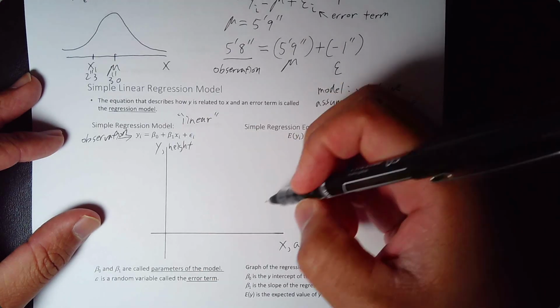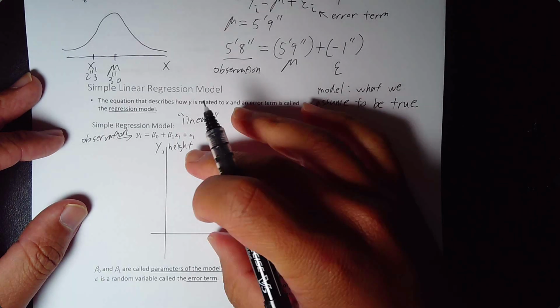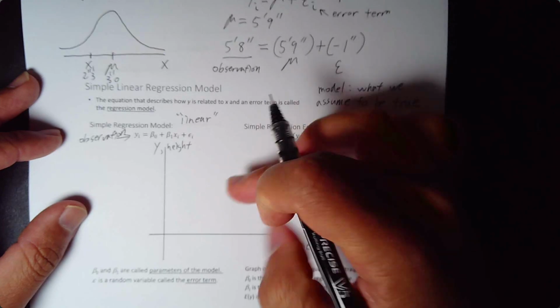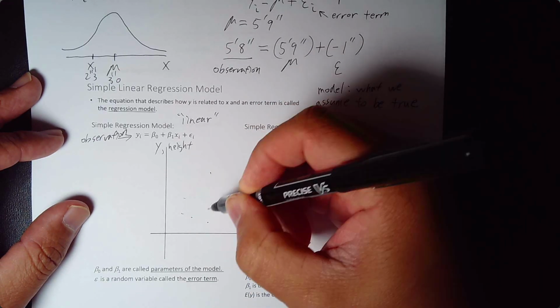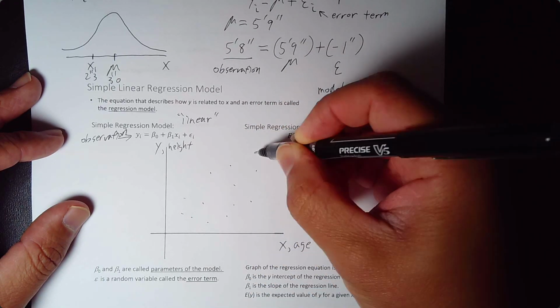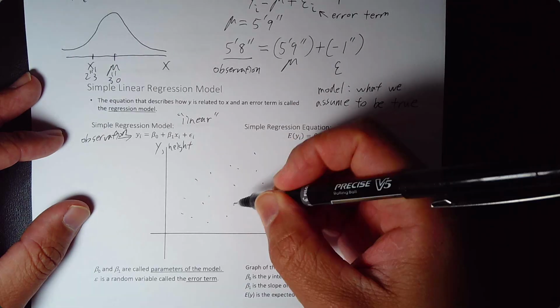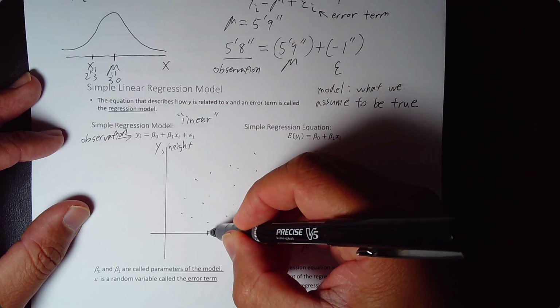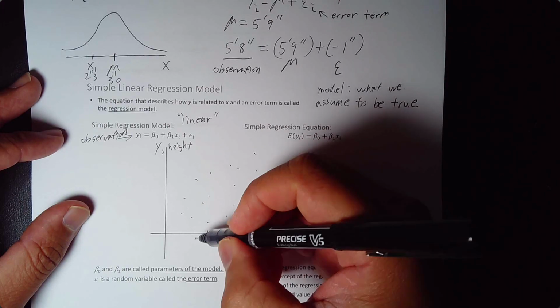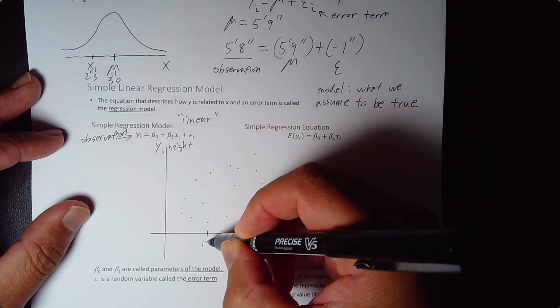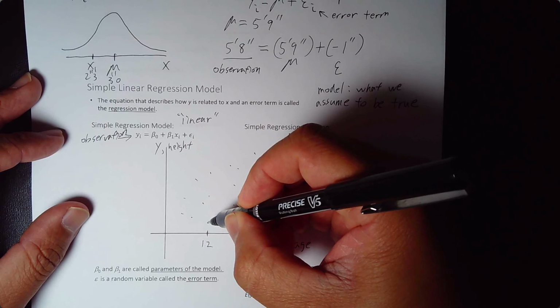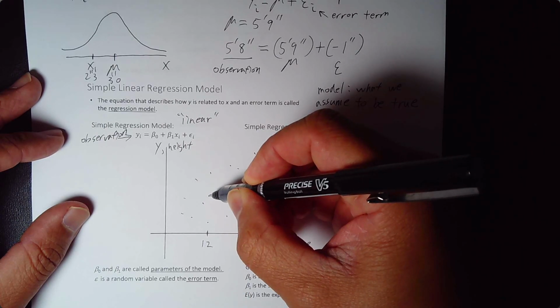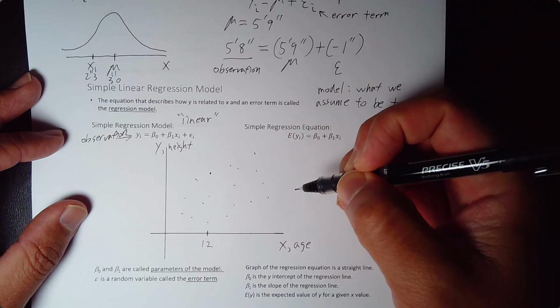If we have a sample, if we look at everybody in society, we'll probably see points scattered around like so. And here we can pick an age. So let's say that is the age, this is 12-year-olds. Now you have some 12-year-olds that are really short, some probably in the middle, and some who are really, really tall.